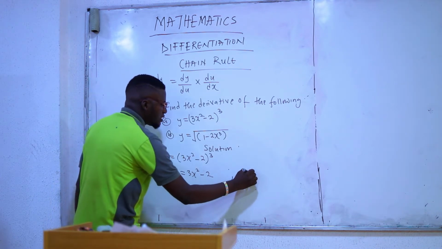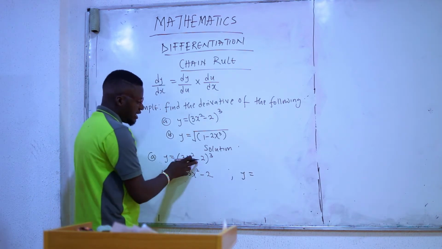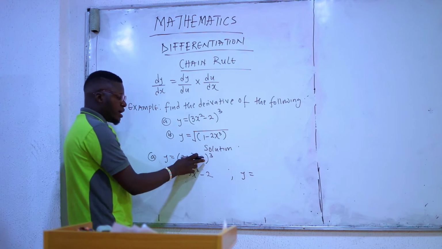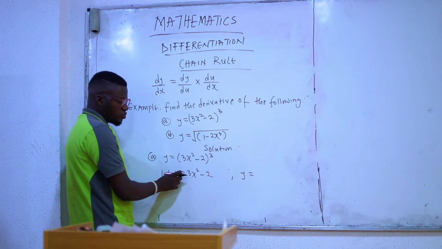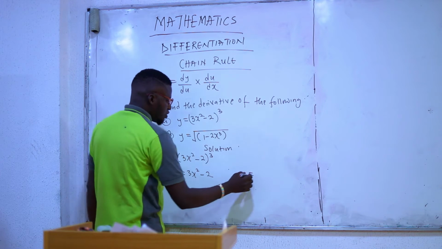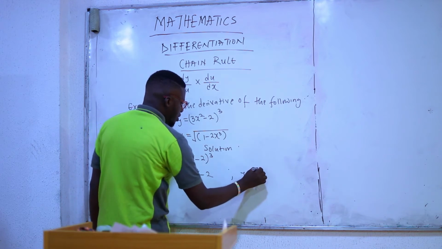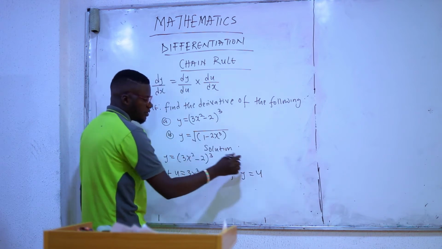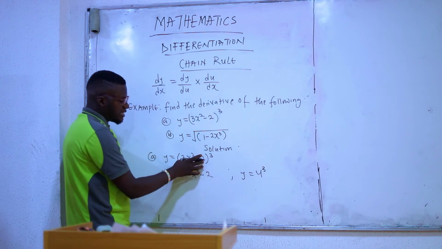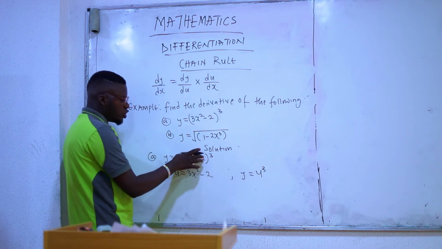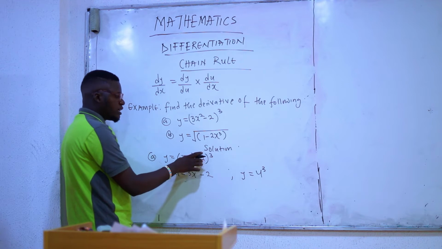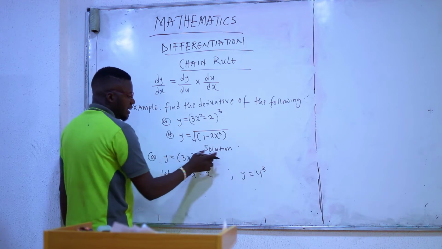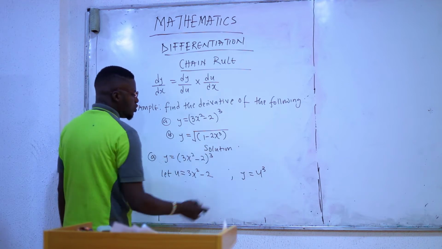Instead of 3x squared minus 2, I have u, so my y will be equal to u raised to power of 3.